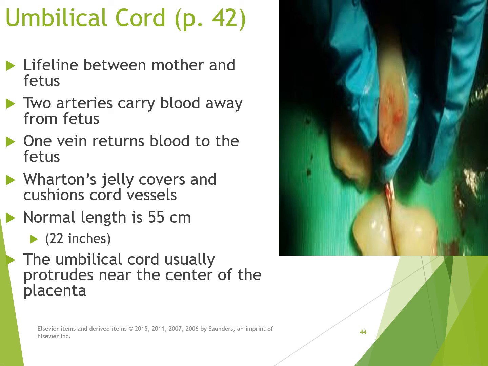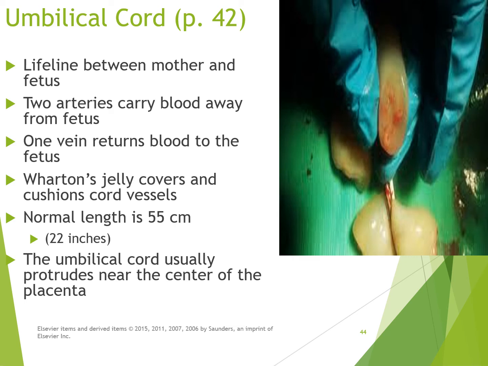anybody who has seen a true umbilical cord knows it's usually really swirly, like a pigtail, and usually about 22 inches long. If it's longer, it means something. If it's shorter, it means something. If it's not coiled, it means something. If it's super flat, it means something.